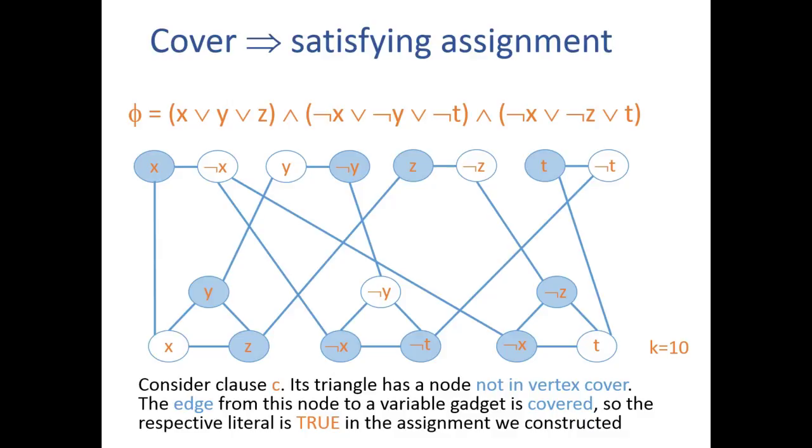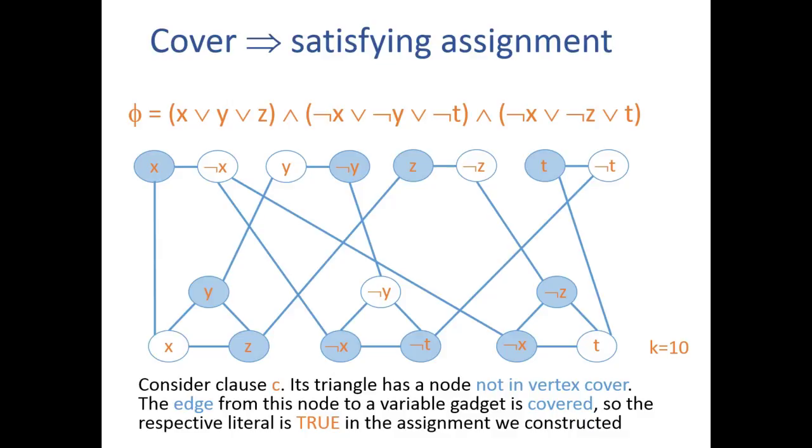We have to argue that this clause is satisfied. We have to argue that each clause is satisfied. Okay, so we know that everything that touches this triangle is covered. Now this triangle has two nodes selected and one node unselected. Because our vertex cover is of size k, it has to select exactly two nodes per triangle. So it selects two things, and it doesn't select one thing.